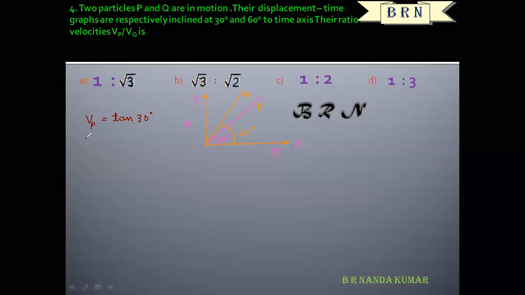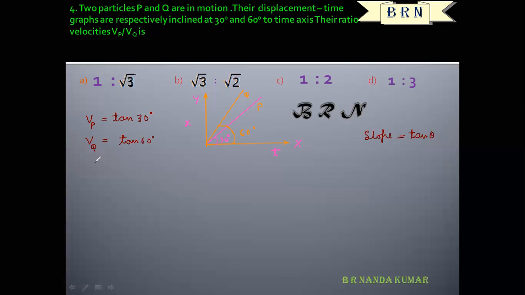Velocity of particle Q is equal to tan 60 degree. Slope is the ratio of vertical distance divided by horizontal distance between 2 points on a straight line. So slope is nothing but tan theta, perpendicular divided by base. The slope of this line gives the velocity of particle P, and this line gives the velocity of particle Q.